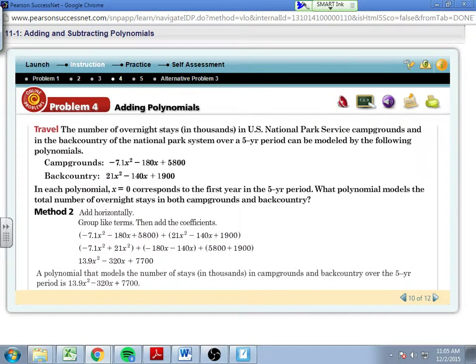The polynomial that models the number of stays in thousands in campgrounds and backcountry over the 5-year period is 13.9 times x squared minus 320 times x plus 7,700. That's what we had, right? 13.9x squared minus 320x plus 7,700. Try the got it on your own.